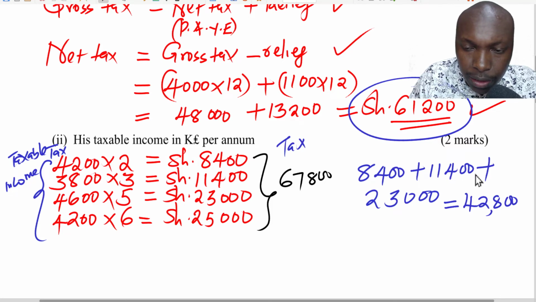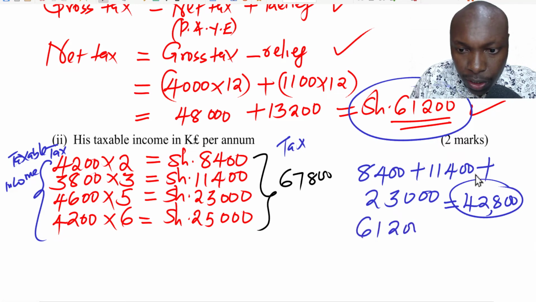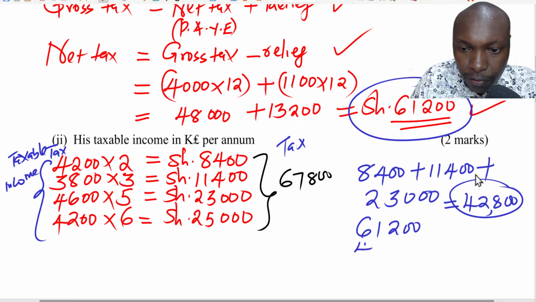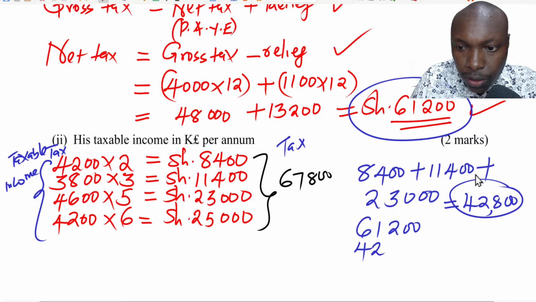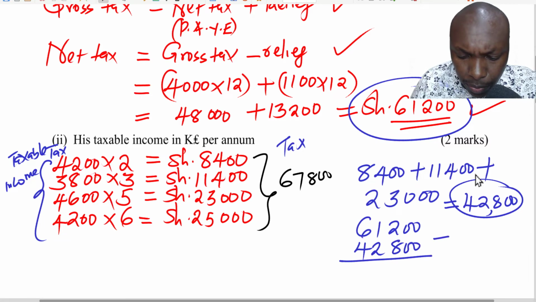So from that, let us now see what is remaining. We need to tax 61,200. For the 3 slabs, we will have got a tax of 42,800. So what is going to remain?